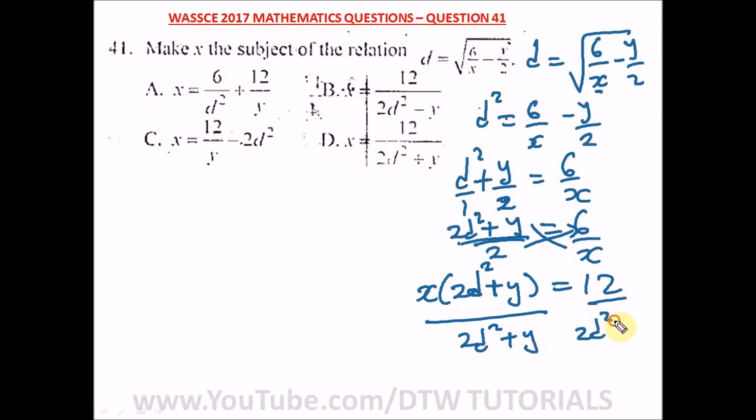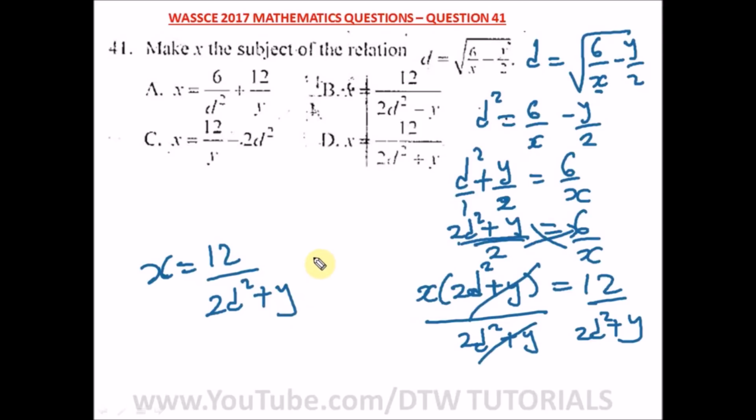This cancels out, and we have x is equal to 12 over 2d squared plus y. Our right option is option D, which is 2d squared plus y over 12, and our numerator is 12. So our right option is option D.